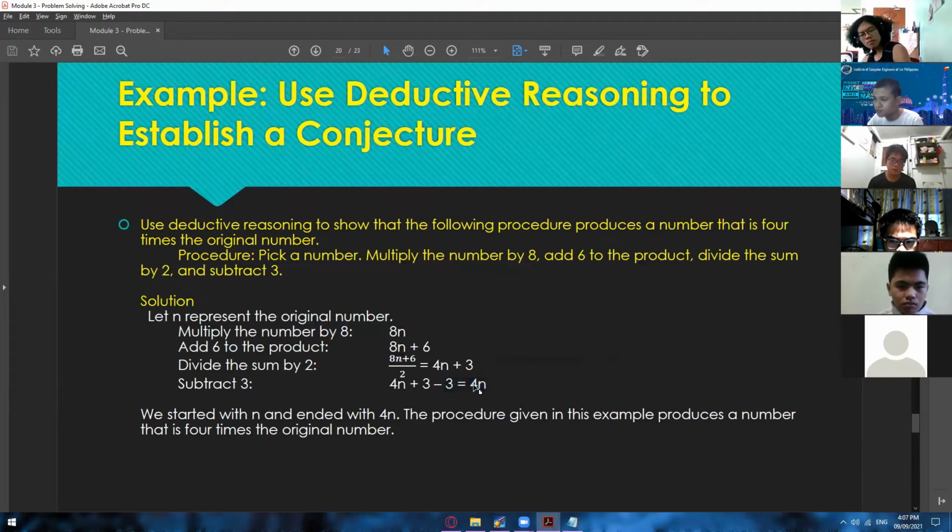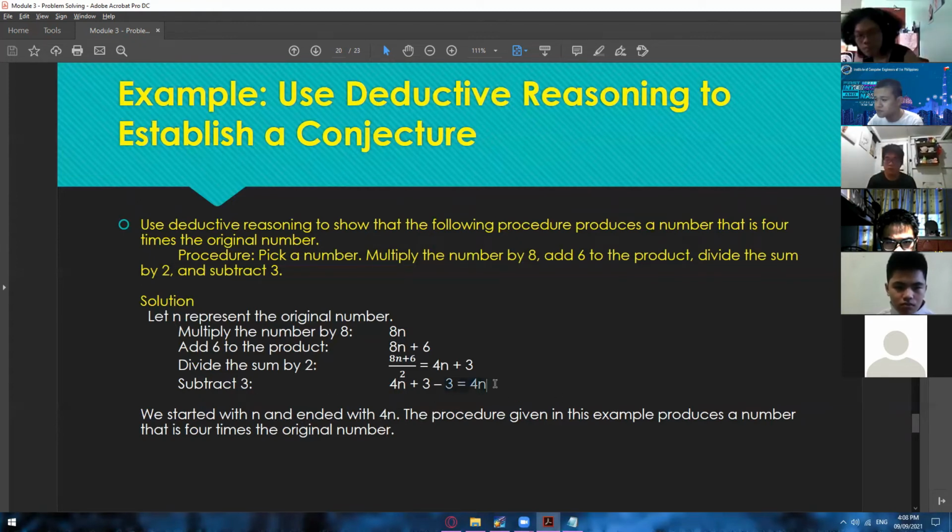So as a result, this is now the one that we can use, which is already proven, and approved by everybody, because that's how we came up with such a formula with this procedure. So we started with n and ended with 4n. So the procedure given in this example produces a number that is 4 times the original number.